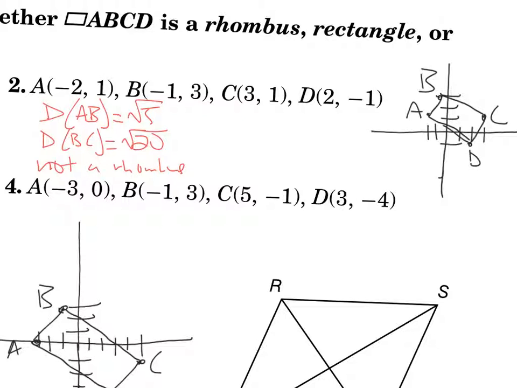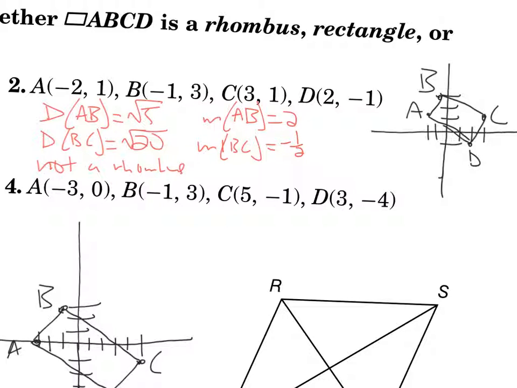But if you find the slope of those, they should be perpendicular to each other, and if they are, that's going to be a rectangle. So the slope of AB is going to be up 2 over 1. Slope of BC looks like we're going down 2, to the right 4, which reduces to negative 1/2. That's good news, those are perpendicular to each other.